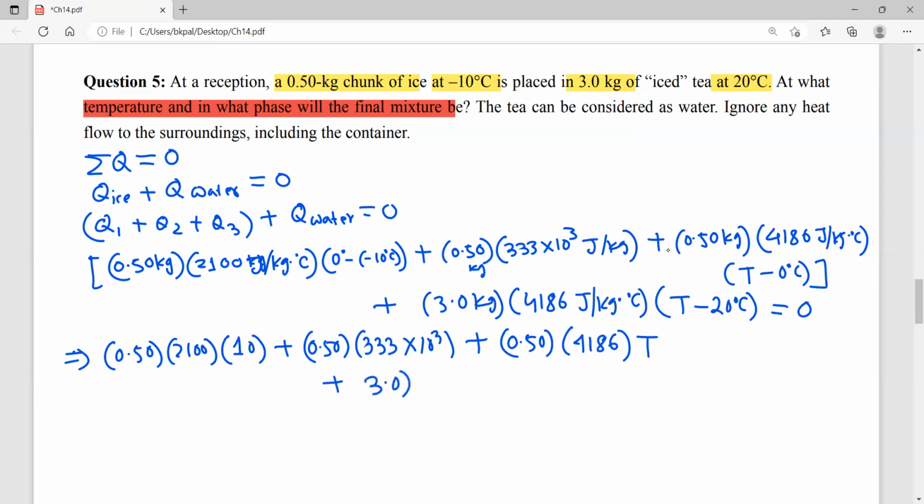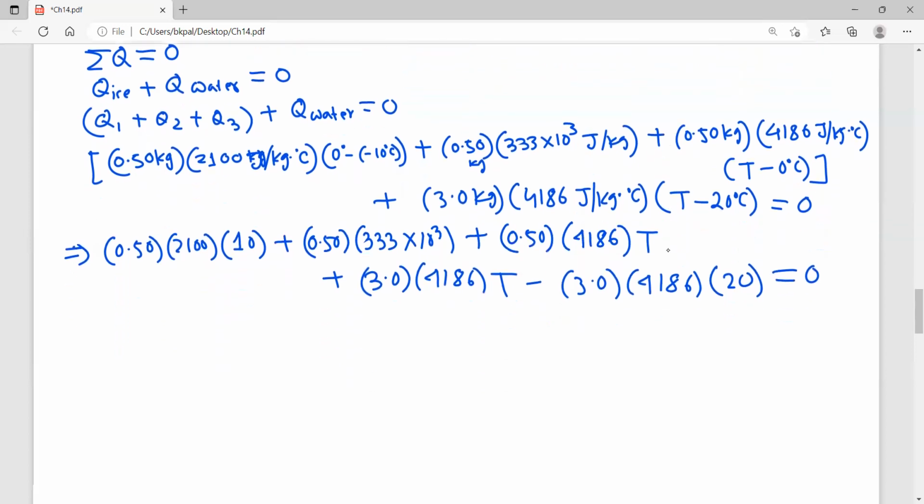So 4186 T and minus 4186 times 20, that is equal to 0. Okay, so now we have 5 terms. 2 terms contain T, and all the other 3 terms are numerical terms.